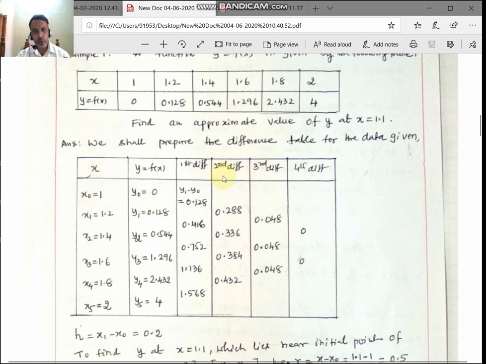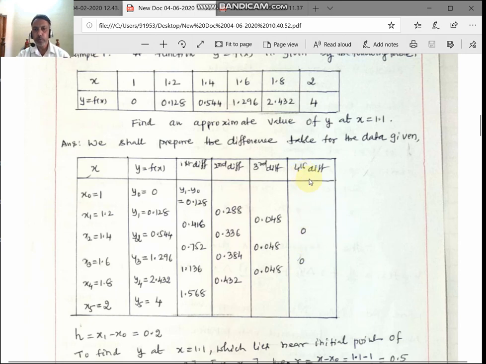As usual, let us formulate the difference table. The first two columns are x values and y values. The first difference is obtained by y1 minus y0, and the difference is 0.128. Similarly, y2 minus y1 is 0.416, and so on. All other values can be evaluated, similarly the second difference column, the third difference column, and the last column is 0, 0.